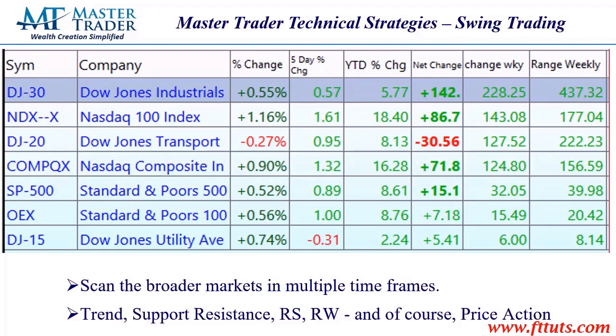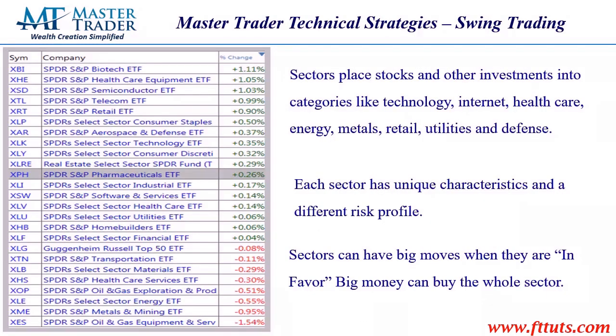Of course, I'm going to look at the charts and compare just as we did on the prior slide, but this is where I'm comparing how these broader market cash indices are performing in relation to each other.